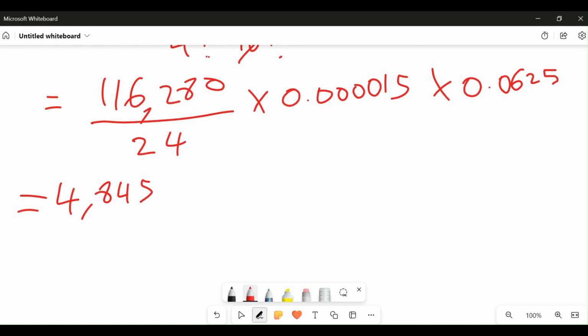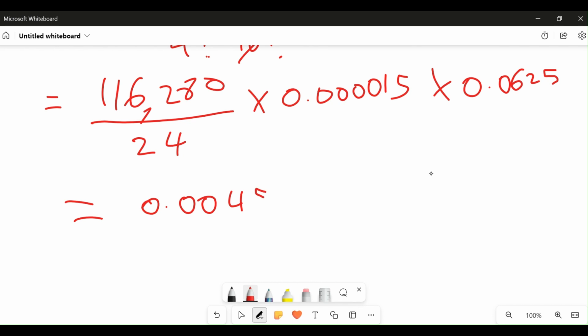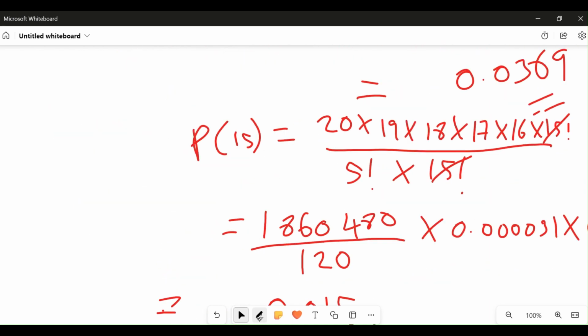Times 0.0000015 times 0.0625. So from here our probability is equal to 0.0045 approximately. That's for 16. We found for 15, and now we found for 16.